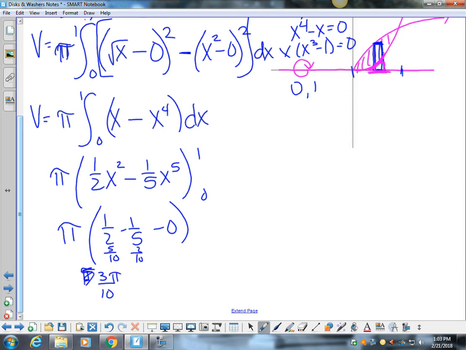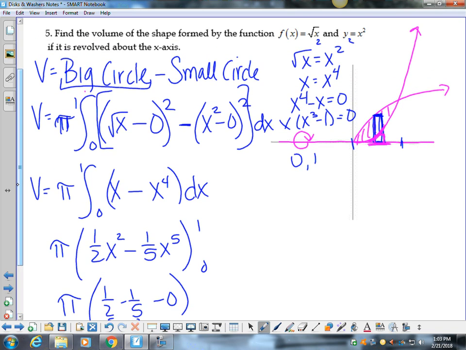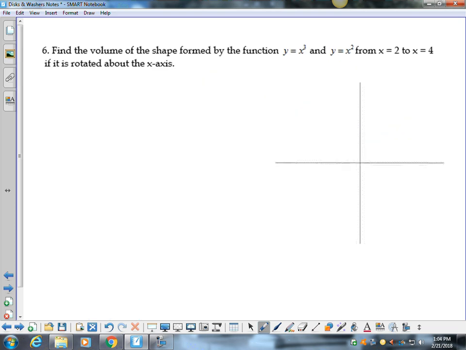So 3 pi over 10. Okay, so what to focus on? Big circle minus small circle. Big circle, whole thing, all the way down to the axis of rotation, and then small circle.